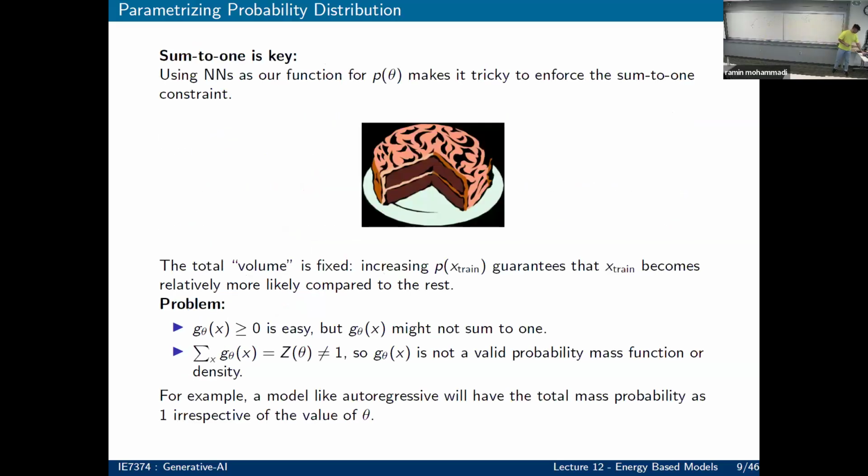So let's look at this analogy of a cake, a pie. Let's say you have a cake, and if you take a slice from it, there is an impact. The cake has a fixed volume.